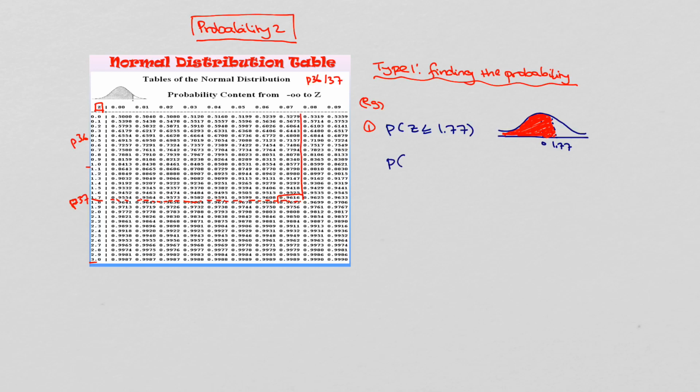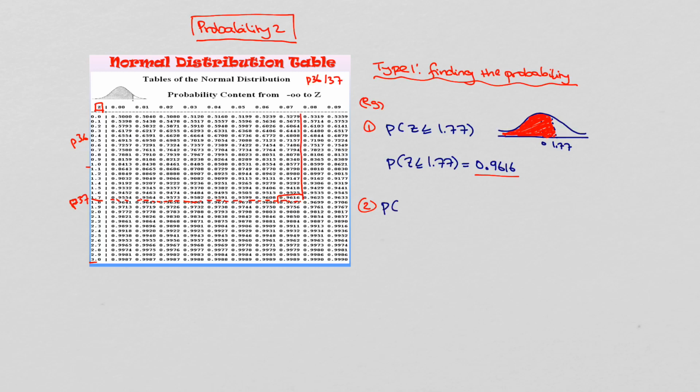So in other words, the probability that z is less than or equal to 1.77 gives us a value of 0.9616. In other words, the area shaded there in red is 96.16% of that graph.